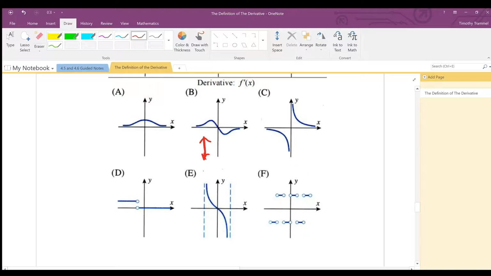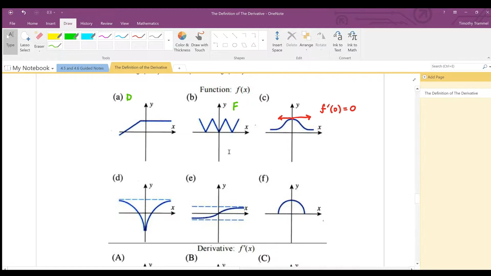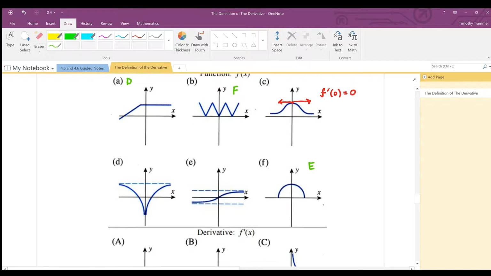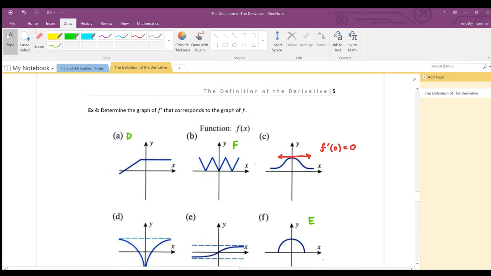So E here goes with the circle, and this one's going to go with the other one. Okay, so let's bring E up, write it in here. So E, and let's remind ourselves of which one was going to go with C here. That was B, the other one that went through the origin. Capital B.